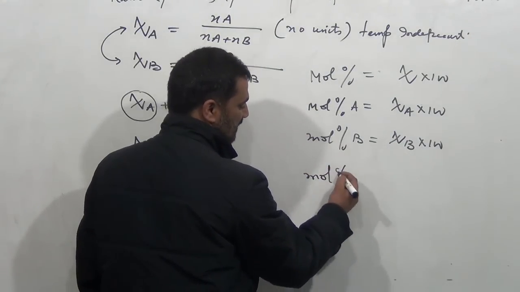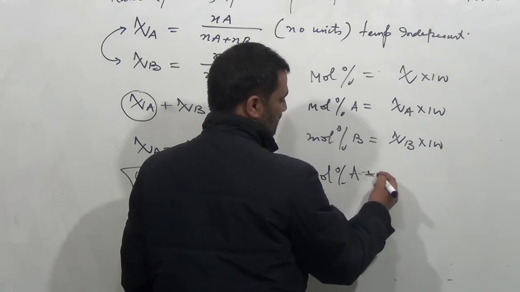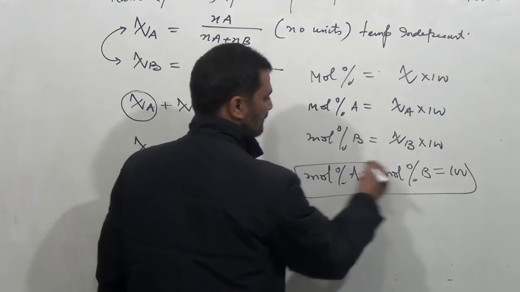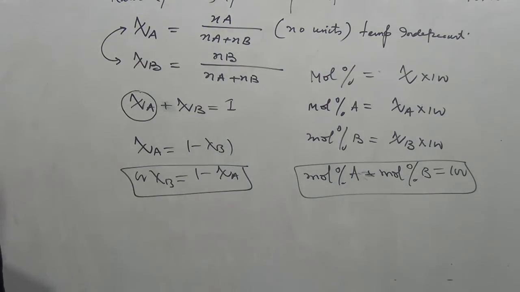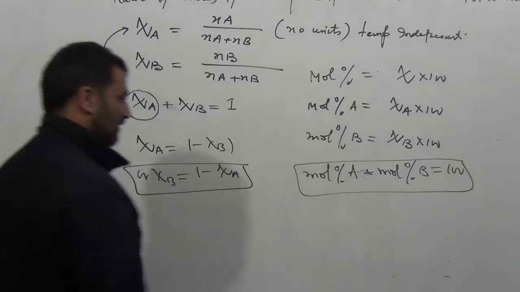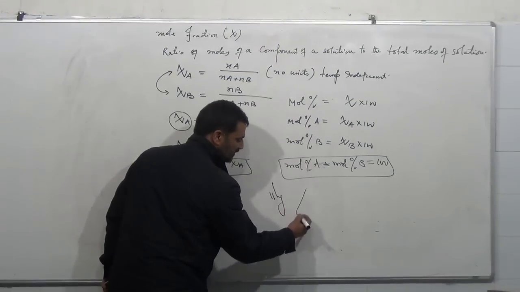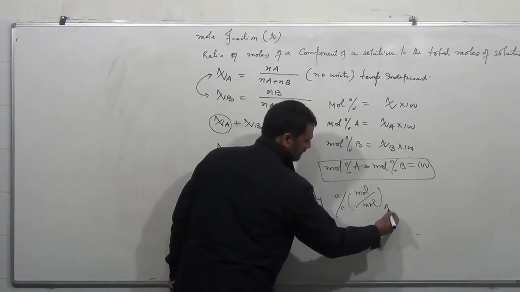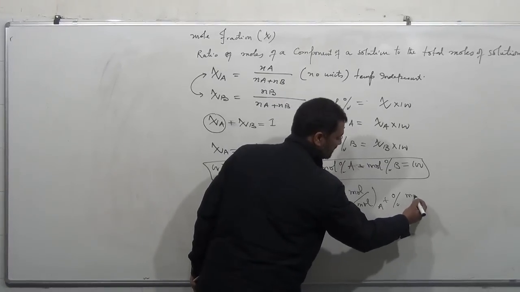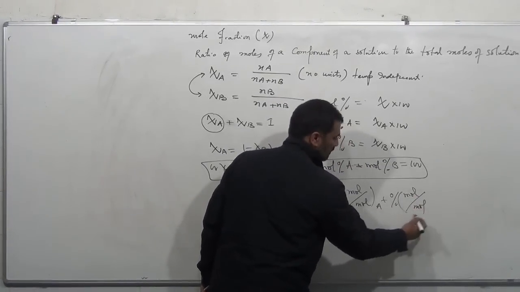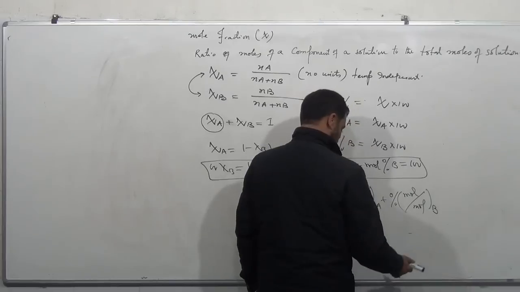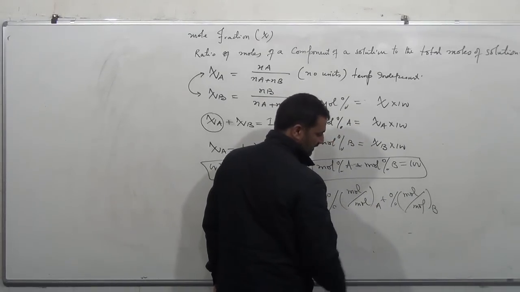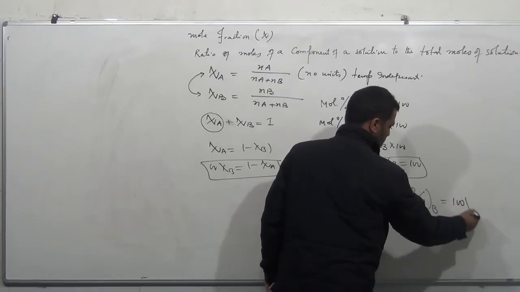So mole percent of A plus mole percent of B is equal to 100. Or similarly, percentage mole by mole of A plus percentage mole by mole of B is equal to 100.